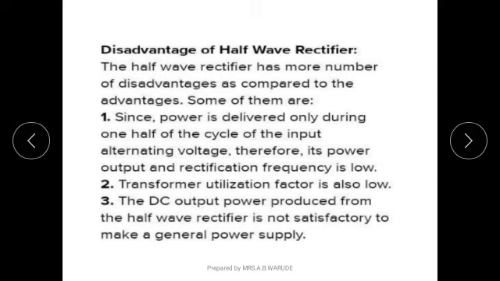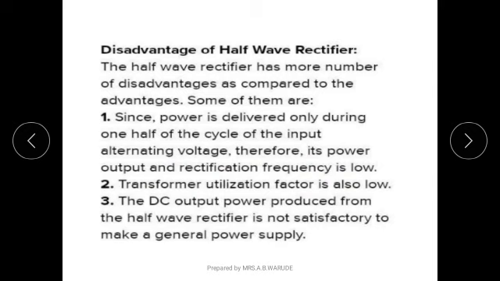And there are also some disadvantages of half wave rectifier. First is, since power is delivered only during one half of the cycle of the input alternating voltage, its power output and rectification frequency is low, because it only allows the positive half cycle and does not allow the negative half cycle.